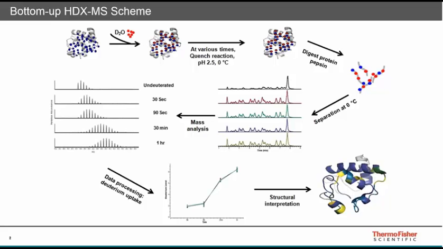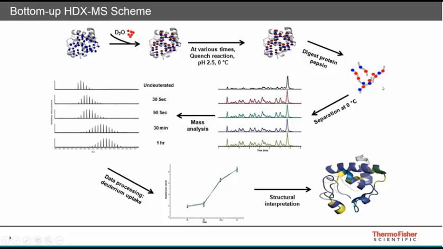The concept of the workflow is to take a clean protein, expose it to D2O, also called heavy water, to exchange all the surface accessible hydrogen atoms versus deuterium. And that's been done at various time points. Then the reaction is quenched and the protein is digested by running it through an immobilized enzyme column, typically using pepsin.